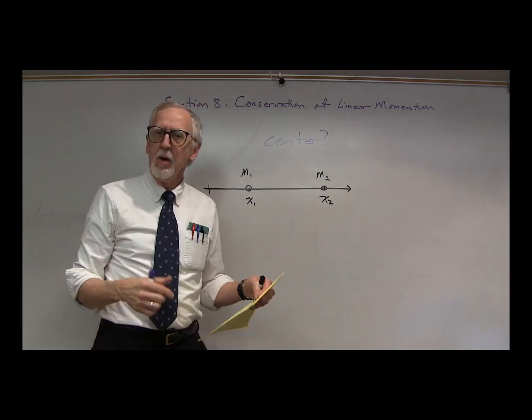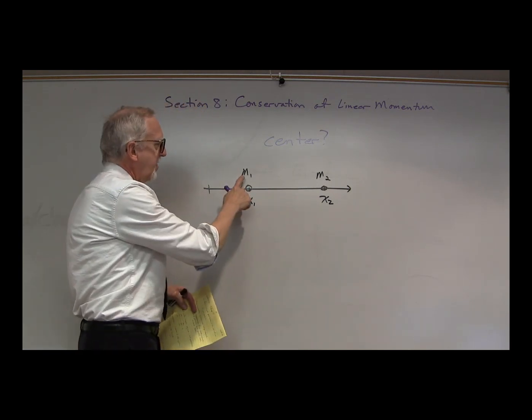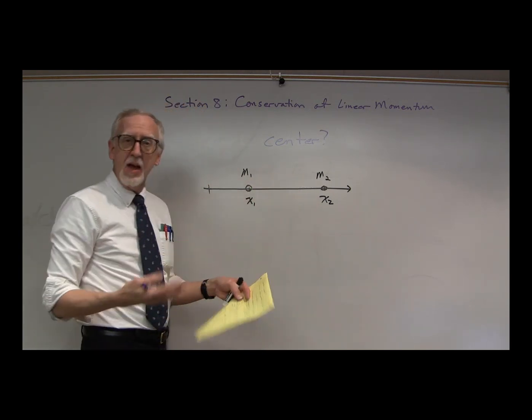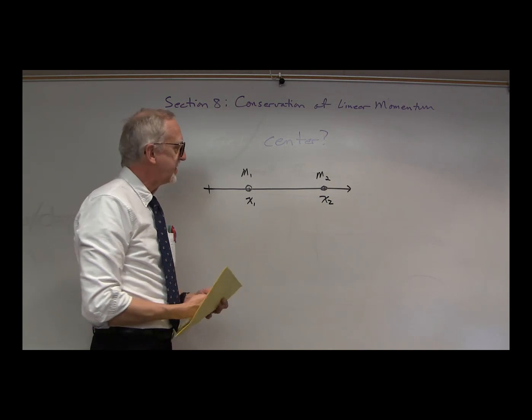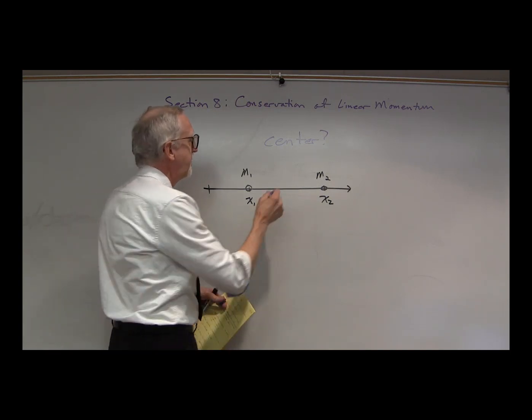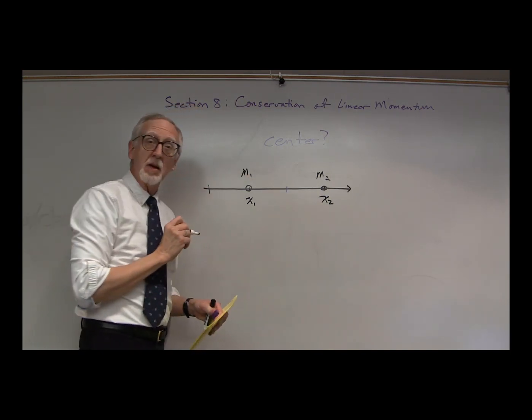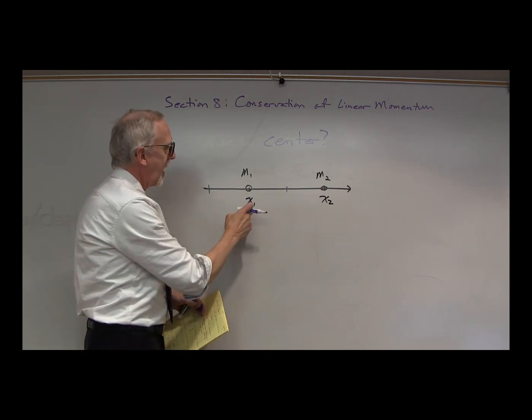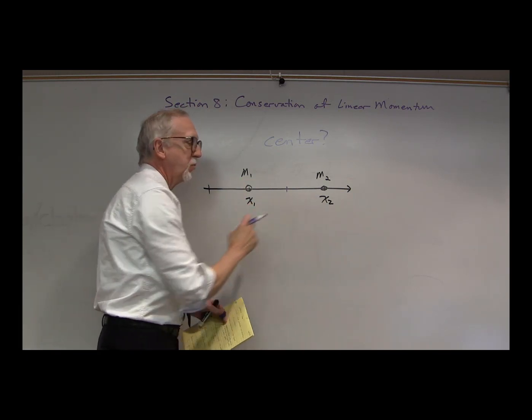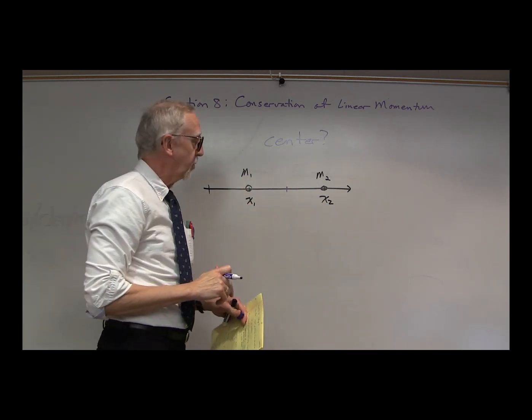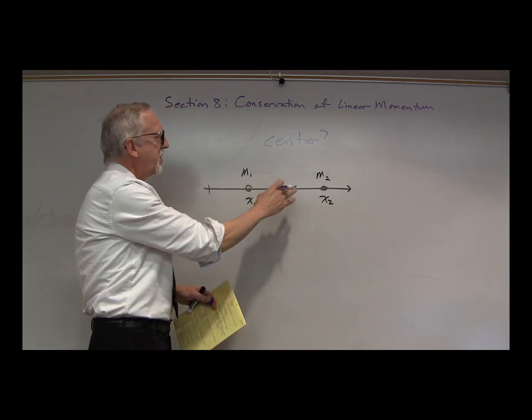So where is it? Well, if these two masses were equal, the center of this system should be somewhere right in the middle, right in between them. Perhaps we might say the average of x1 and x2, and that would be fine. But what if one of them were much bigger?